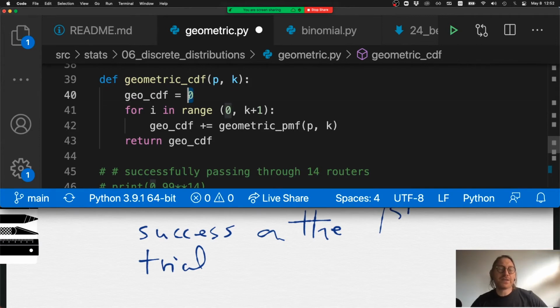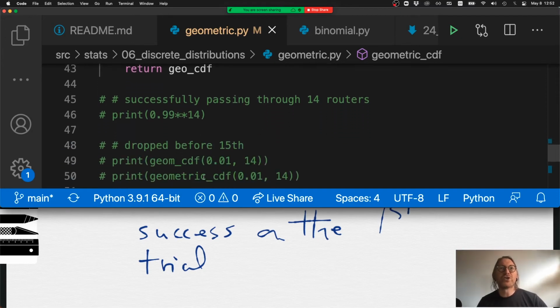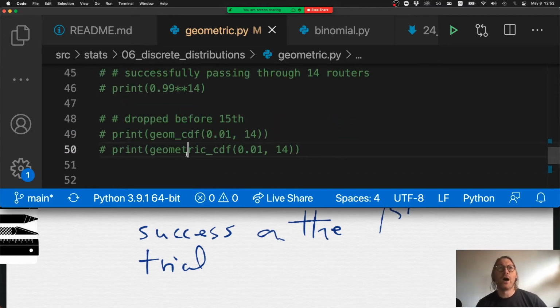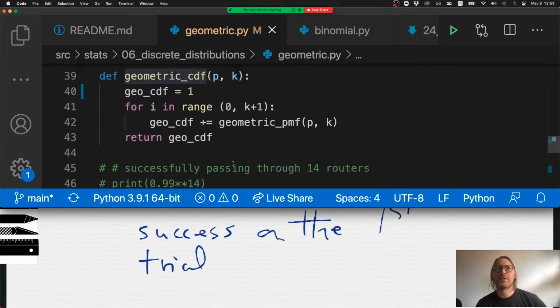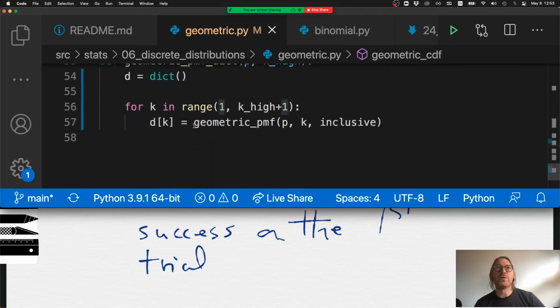In this accumulator pattern, although we should still get rounding error between these two, I think the rounding error will actually be a lot less if we start our CDF at 1. So this means success on the first trial for the CDF.